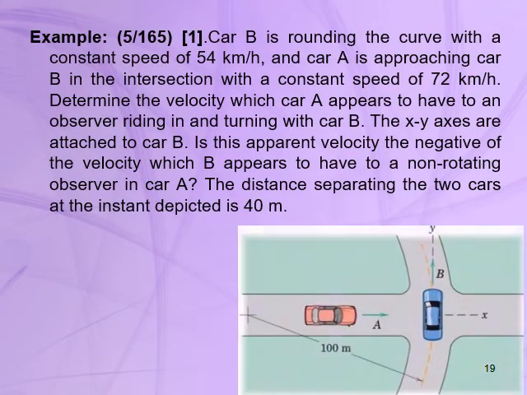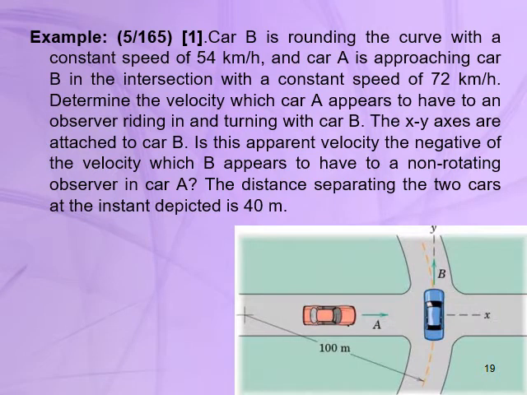The next example, here we have two cars. Car B is rounding the curve with a constant speed of 54 km per hour, and car A, which is this car, the red one, is approaching car B in the intersection with a constant speed of 72 km per hour.